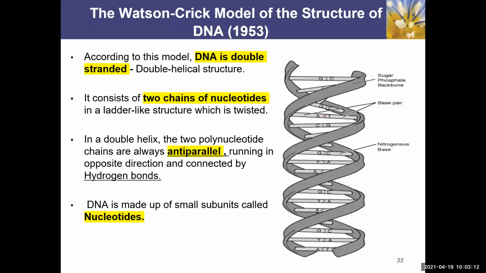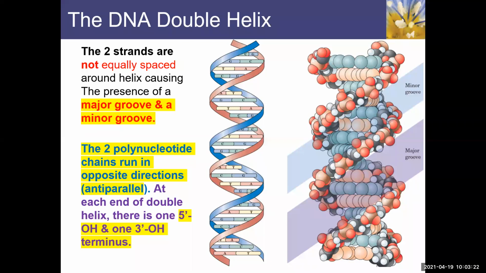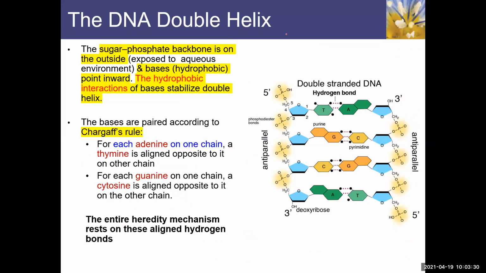Each strand is made up of many nucleotides, a polynucleotide chain, having a nucleotide base and the sugar, right? And then it has a major groove, the larger space, and the minor groove. So all these things were said by Watson and Crick when they explained the model of the DNA.